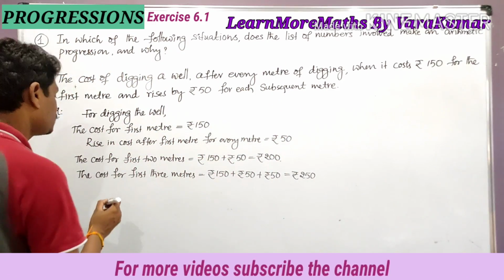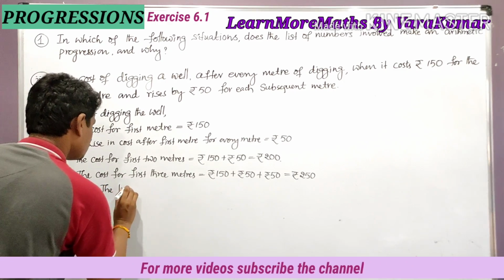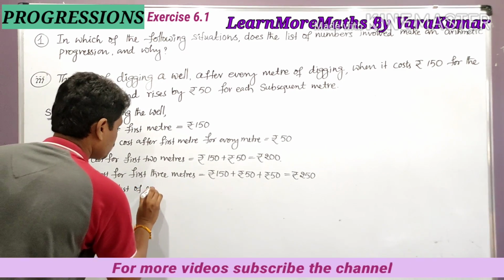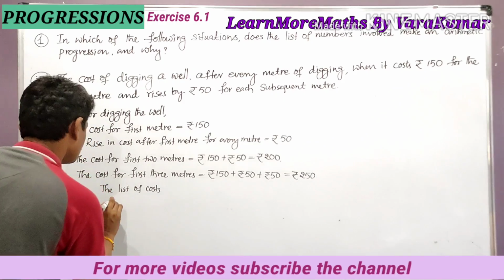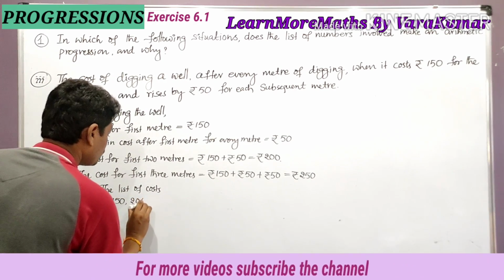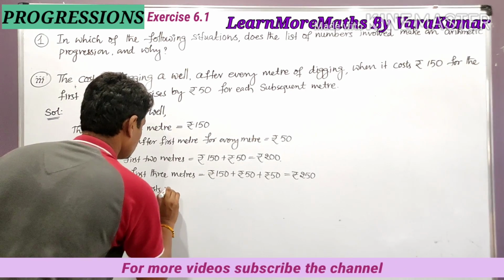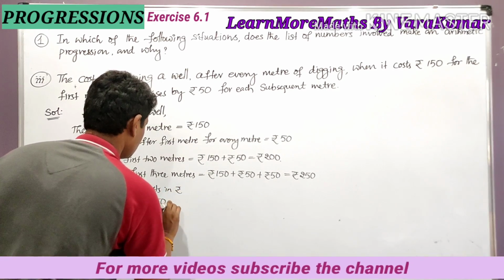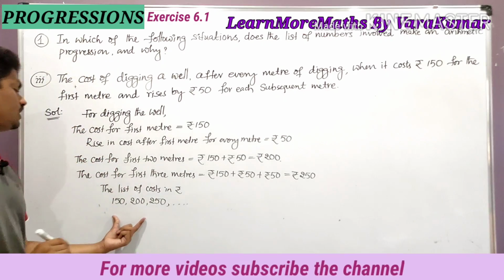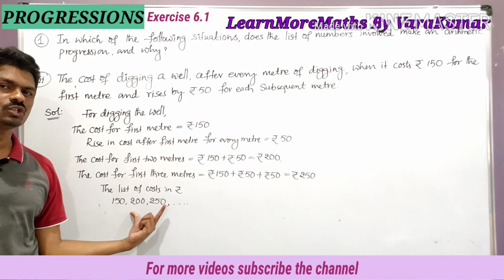So the list of costs in rupees is 150, 200, 250 and so on. These are the numbers involved in the given situation, student.